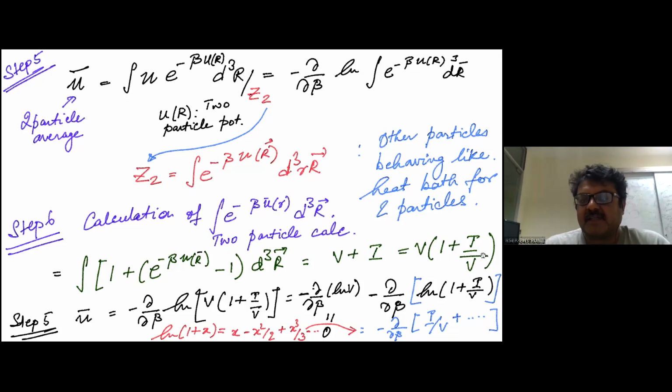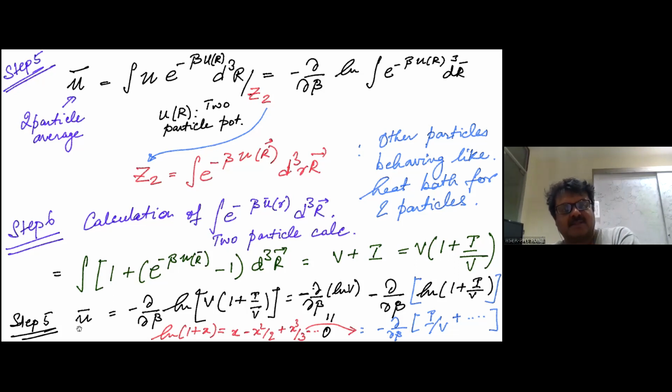Now, having written that, this average energy U, which is minus del del beta of log of this expression, can be written as U bar is the two particle interaction minus del del beta of ln V plus ln of 1 plus I by V, where of course for I you have to do the integral yet.